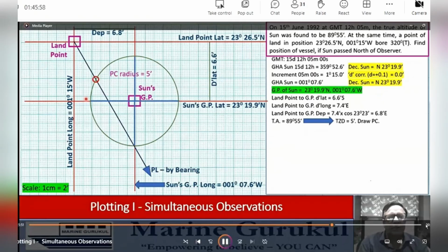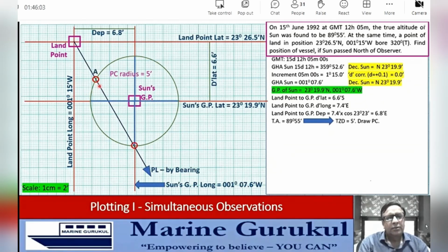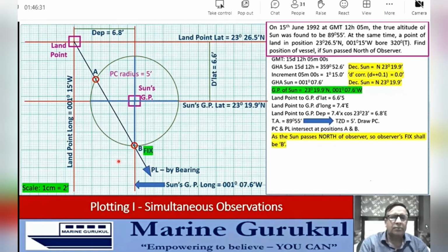Vessel may be either at this point, that is point A, or maybe at this point, point B. Now, since the question says the sun passed north of the observer, and sun in this plot is represented by its GP, if the observer is at A, then sun is passing south of the observer. But if the observer is at B, the sun is passing right north of it. So therefore, in this case, position A gets ruled out. The fix is then position B.